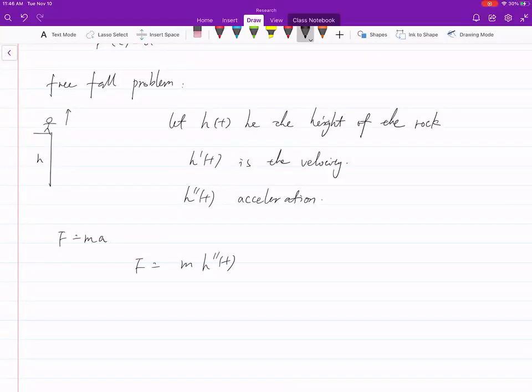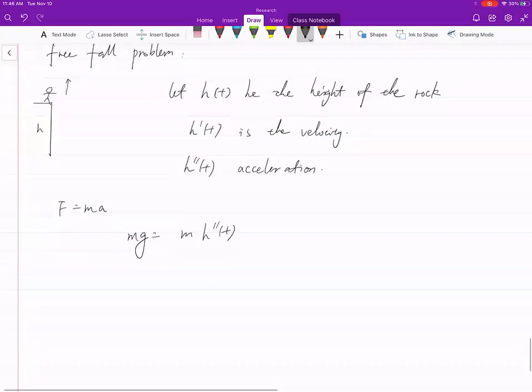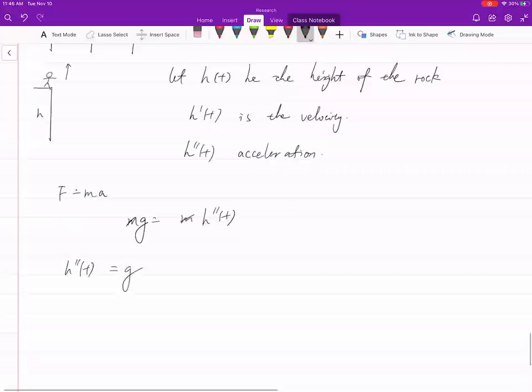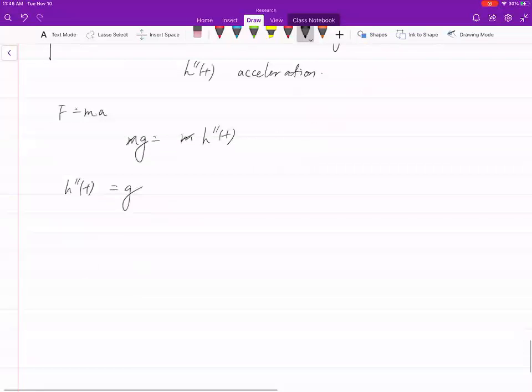What is your F if you are doing free fall? What's the force? Gravity. Good so far? Now, what's the trajectory?